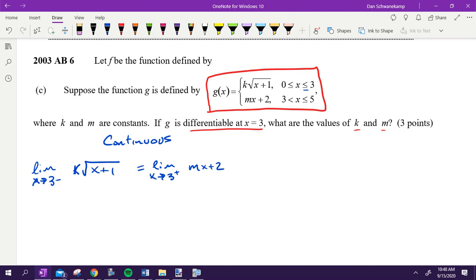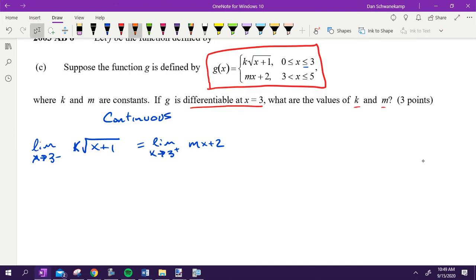What do I need to do with these equations to figure out when I'm continuous? Plug it in. We're going to plug in 3 into this equation right here. So it's going to be k times the square root of 4 is equal to m times 3 plus 2. What's the square root of 4?